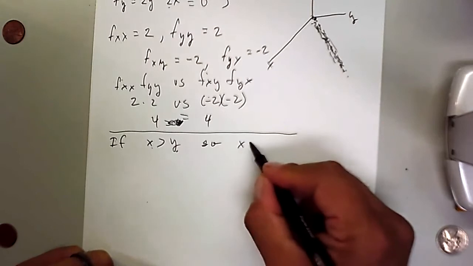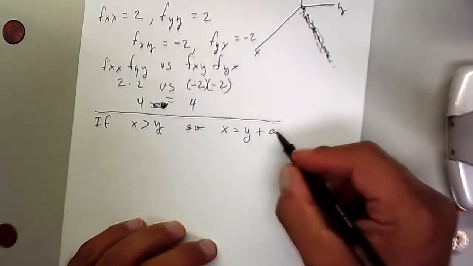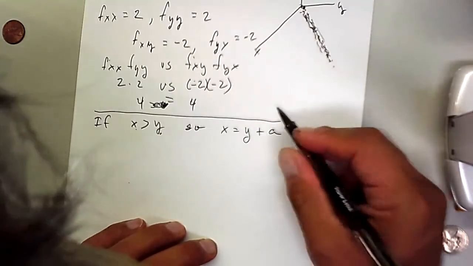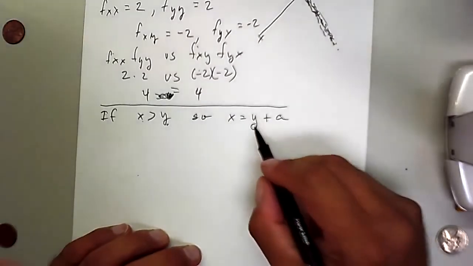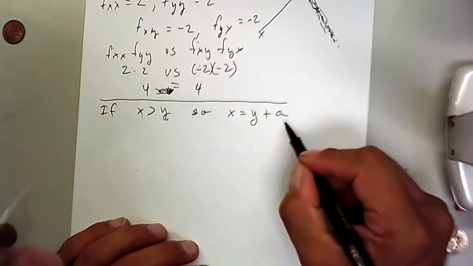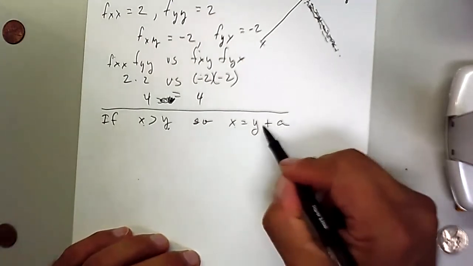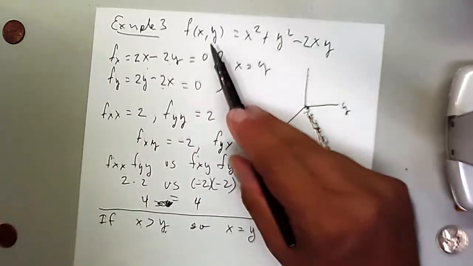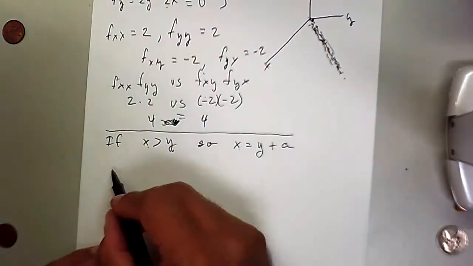So x is equal to y plus a number. I'm just looking at a random number, a. That's the first letter that came to my mind, because that's the first letter of the alphabet. So are they equal? No, but one is bigger. So let's see what happens in that situation.